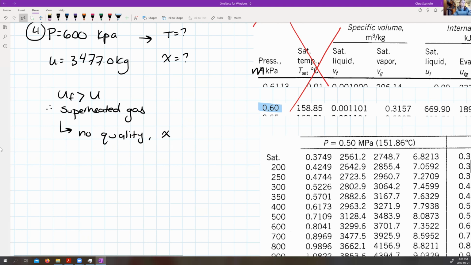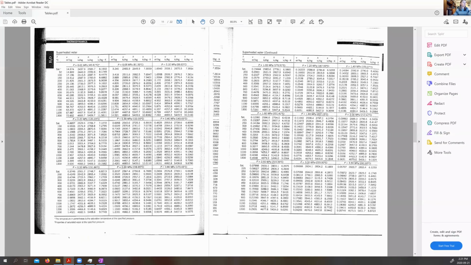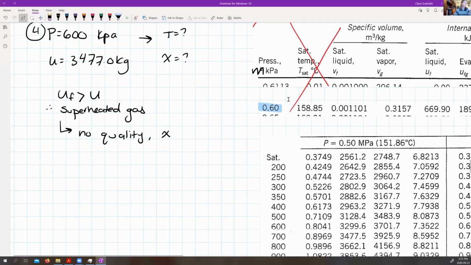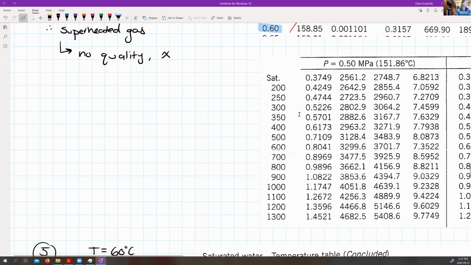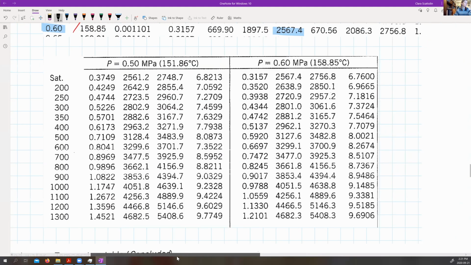So what you're going to have to do in this case is keep scrolling, and you'll find superheated tables, and they're organized by pressure and temperature. So you'll see here I have pressure and for each pressure, I have different saturation temperatures. All right, so for this one, it said that I was at 0.6.